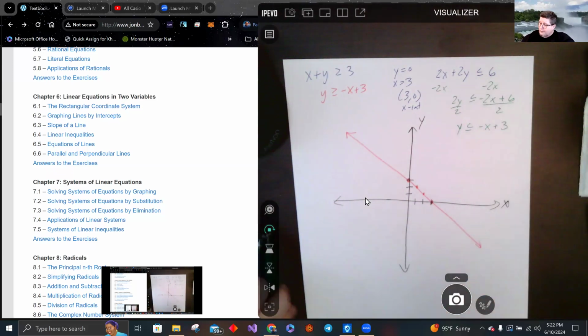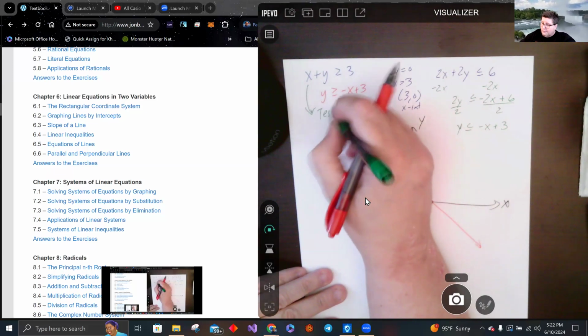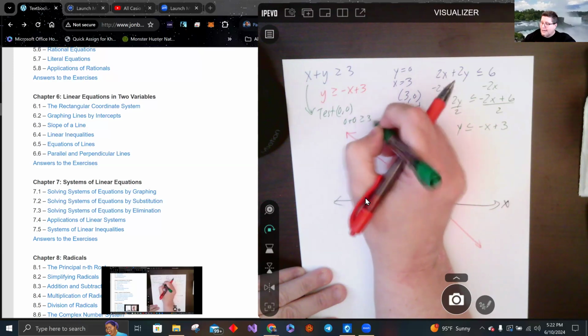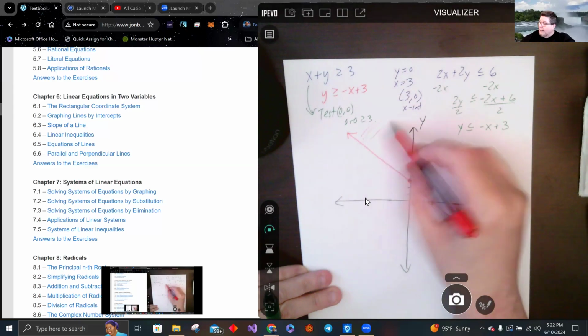And I'll test 0, 0. 0 plus 0 is not greater than 3. It's false. So I'm going to shade away from it.